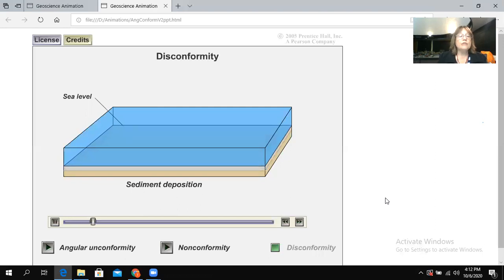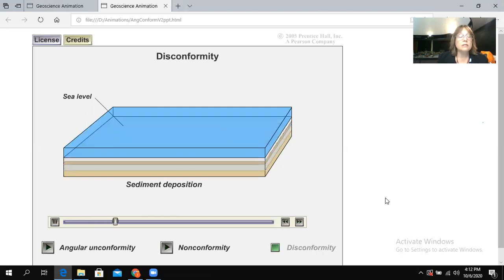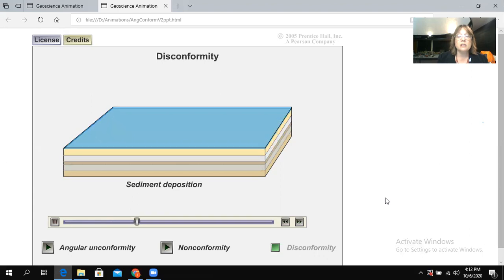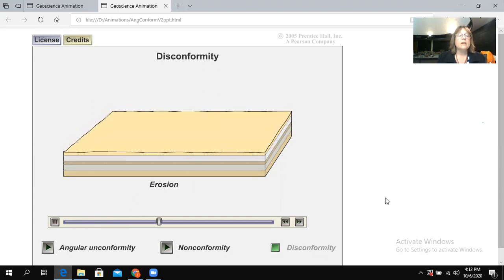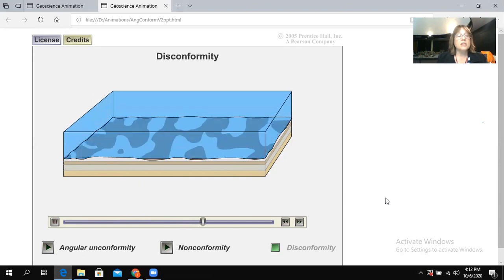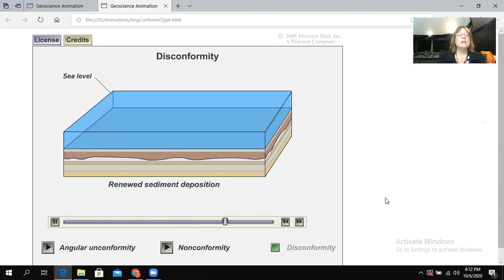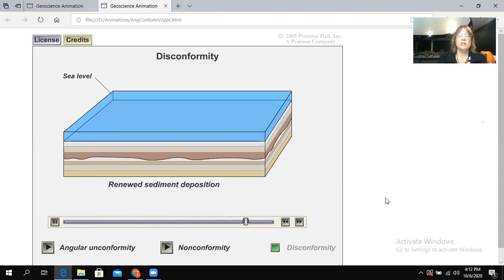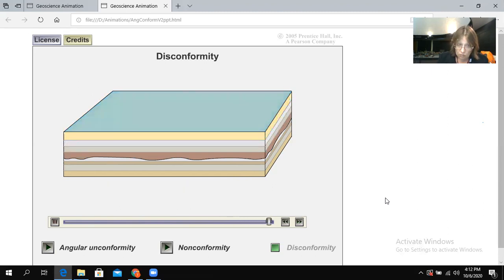So we have flat horizontal layers of sediment that are deposited and then become sedimentary rock. Erosion removes some of those layers. Deposition occurs again in an ocean environment, and then we have more flat horizontal layers deposited on top of the much older ones.